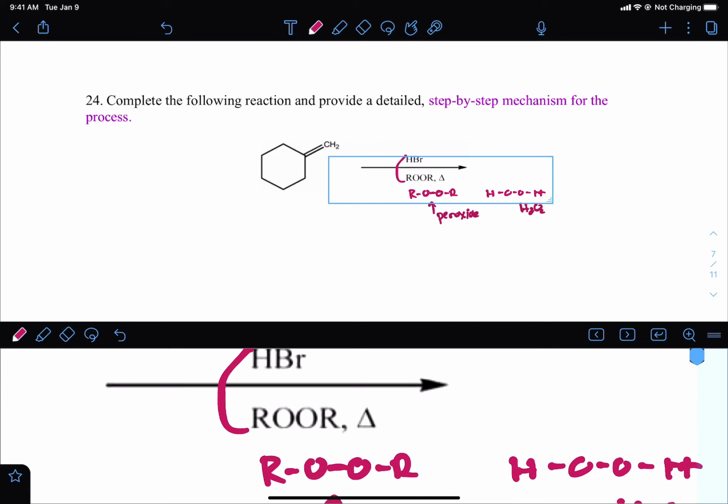Okay. The other electron, and this is very important, the other electron goes onto the more substituted carbon. Okay. So radical on more substituted carbon.